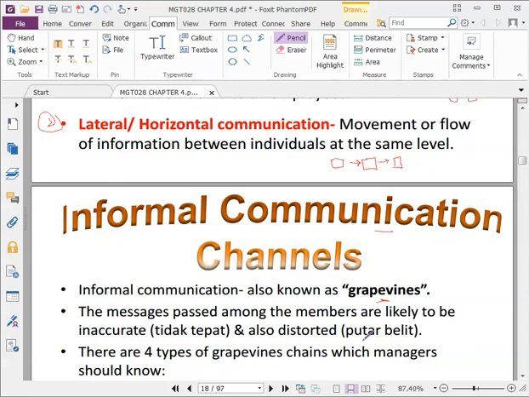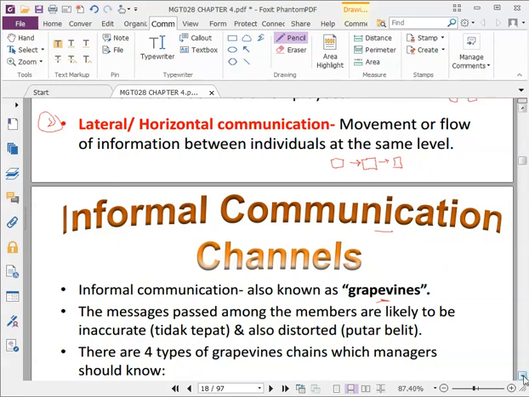Okay, semua message tersebut ataupun information tersebut kebiasaannya kalau informal communication macam tu, dia tidak tepat ataupun putar belit. Okay, so kat mana yang information yang kita nak tahu yang betul? Kita kena tengok dekat berita, radio. Okay, that is the correct information. Okay, tetapi kalau yang ada dekat media sosial, kat dalam WhatsApp group, itu tak semestinya informasi itu adalah informasi yang betul.